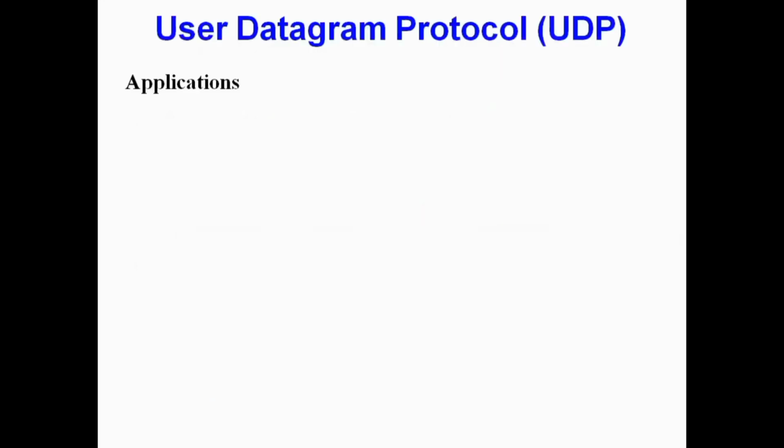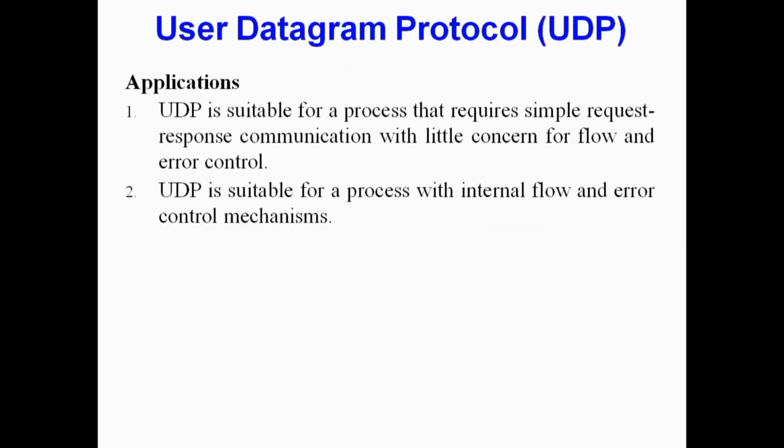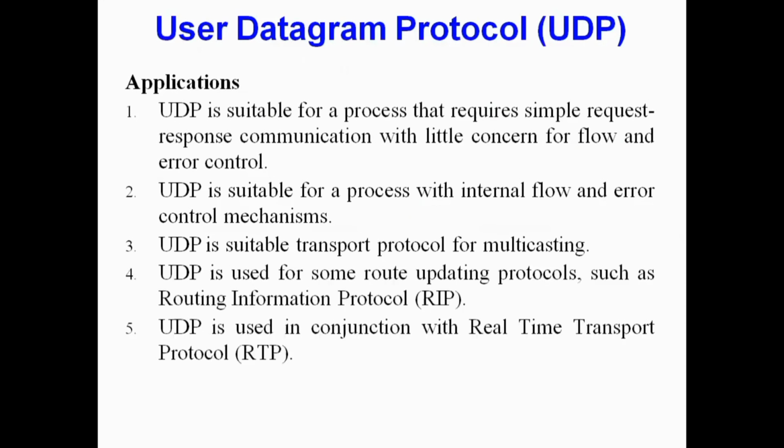Then finally we can see the applications of the user datagram protocol, UDP. In the initial slides, I already gave the introduction about UDP. UDP is a connectionless and unreliable protocol. UDP is suitable for a process that requires simple request-response communication with little concern for flow and error control. In UDP, there is no flow control mechanism and no error control mechanism.